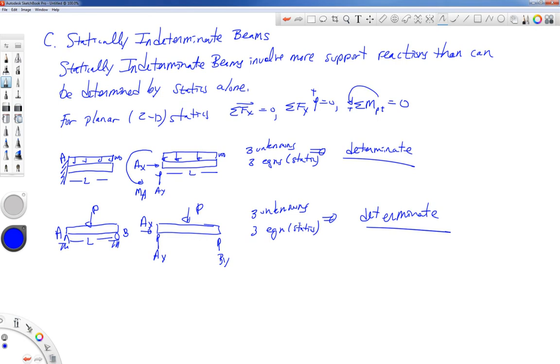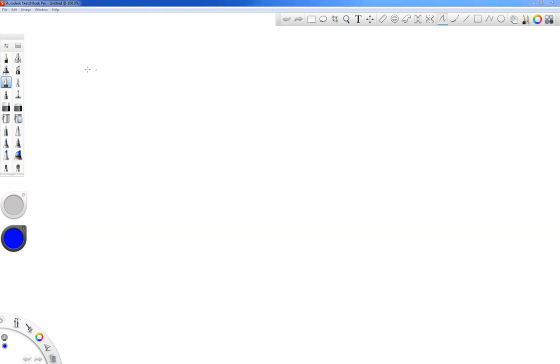All right, on the next page, let's draw a couple of examples of statically indeterminate beams. If I take my cantilevered beam with my constant distributed load on it, right now it's statically determinate.